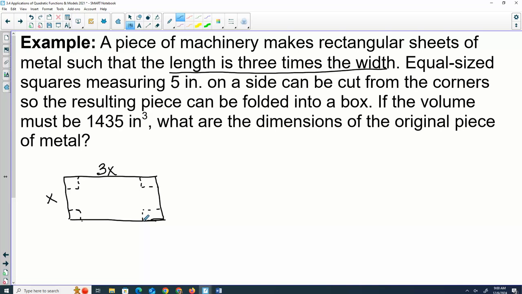If you need a visual, I have a piece of paper. That's my rectangle. Okay? I am going to cut squares off all my corners. I'm not measuring right now, but let's just pretend. So I'm going to come through and cut the squares off.